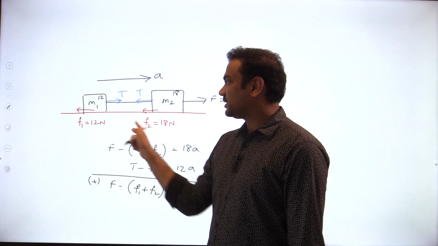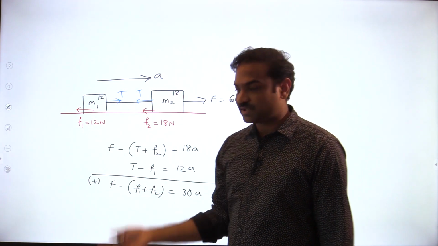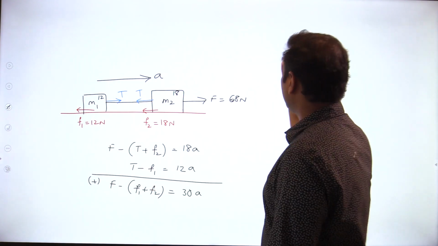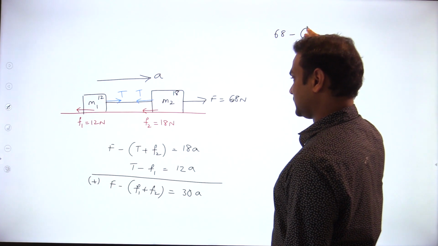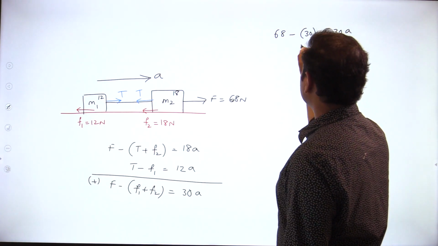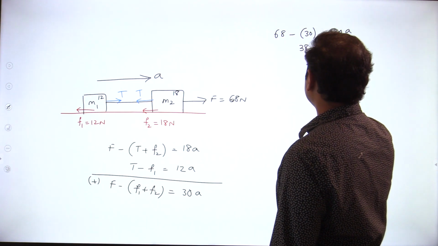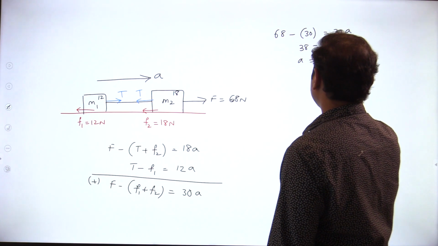On the system, 30 Newton is acting backward and 68 is acting forward, and it will accelerate with some acceleration a. So 68 minus 30 is 38, equal to 30a, and the value of a is equal to 19 by 15 meter per second square.